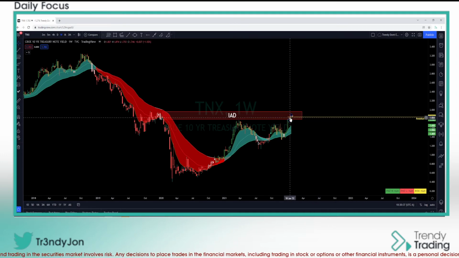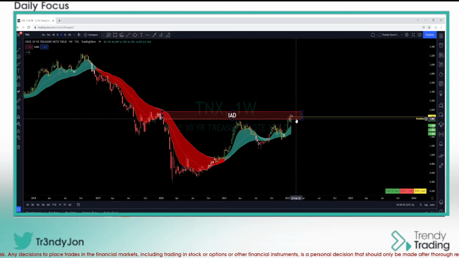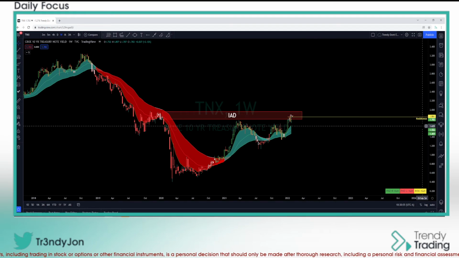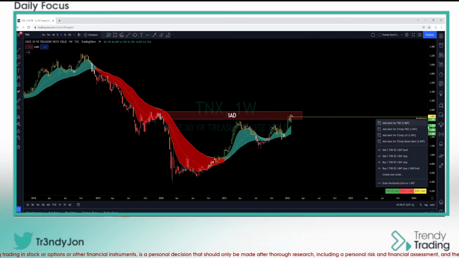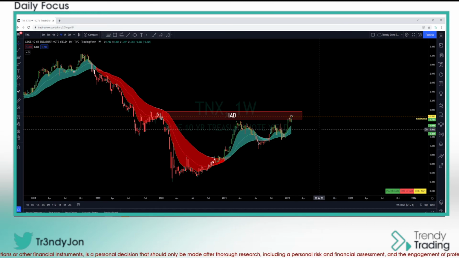Notice that the Treasury is rejecting there, and that's what I want to see. I want to see that it could stay underneath this yellow line in order for bulls to have some sort of a fighting chance for a 2 to 3 day consecutive rally. So again, very important that you understand what this level is. If you want, you could come over here and say, I want to be alerted on this if we break above that level. Just caution.